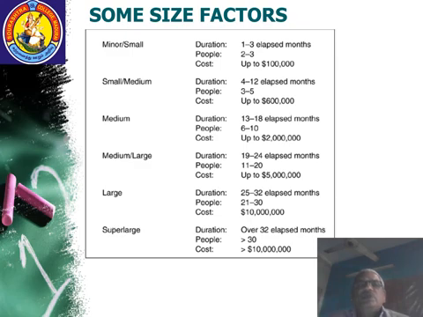Every project, based upon its duration, people, and cost, we segregate as a medium project, large project, or super large project. So we need to follow the procedure appropriate to these project sizes, because when the project size increases, the complexity of the project also increases, and we cannot further enhance it easily.